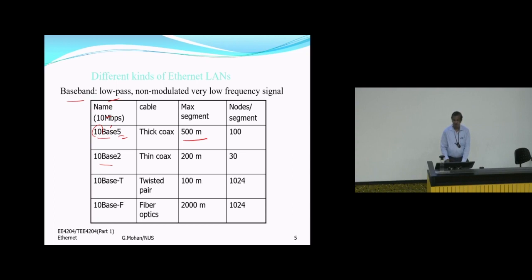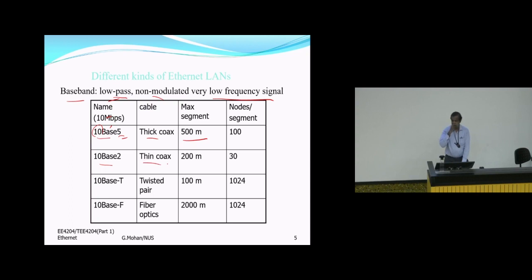If you look at the definition, baseband is basically low-pass, low frequencies, not modulated signals. With that meaning, base is used. And it uses a cable called thick coaxial cable. It comes with 2 different standards, thick coaxial cable and thin coaxial cable.